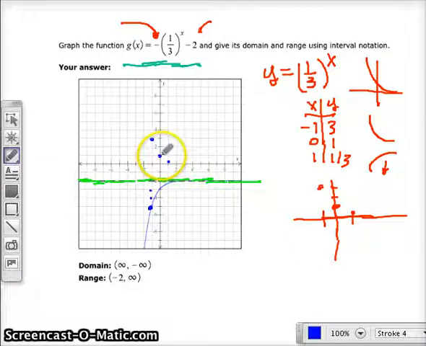I'm going to take the 1, reflect it, and move it down 2. I'm going to take the 1/3, reflect it, it's going to be like right there, and move it down 2. It's going to be right there. All right, now I'm going to try to draw a smooth curve through these points. Now, it's pretty nasty, but imagine that's a smooth curve, okay? All right, and that's what you would have to do. Domain, all real, range, y greater than -2.